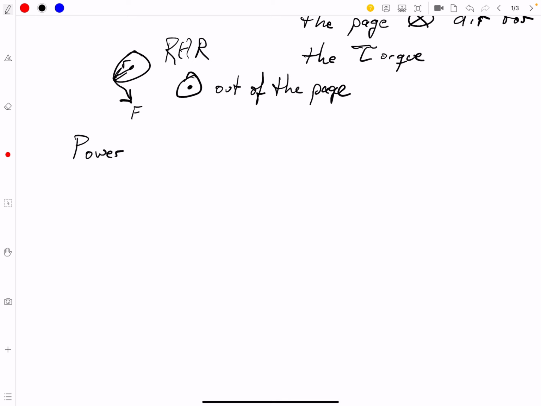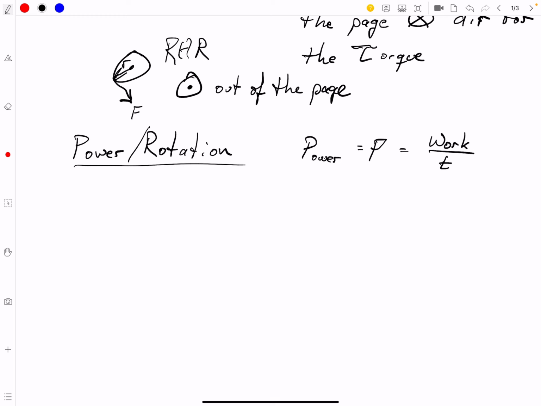Power, rotationally. P is power, which is always your work divided by time.